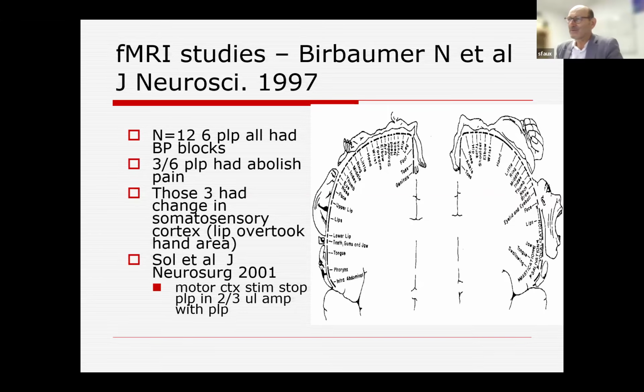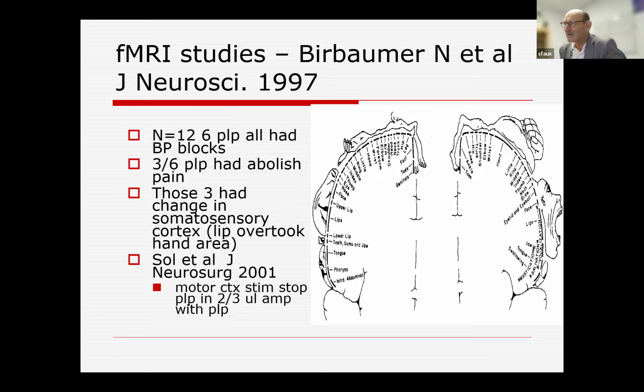About 3 out of the 6 people had their phantom limb pain completely abolished by the brachial plexus block. The implication here was that it was coming peripherally. However, those 3 who had it completely abolished by the block had changes in their somatosensory cortex.